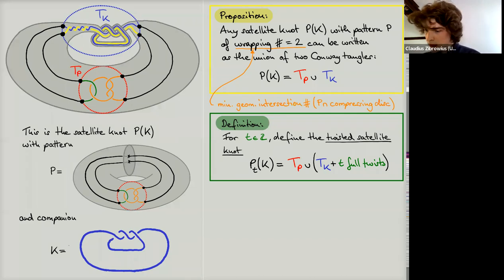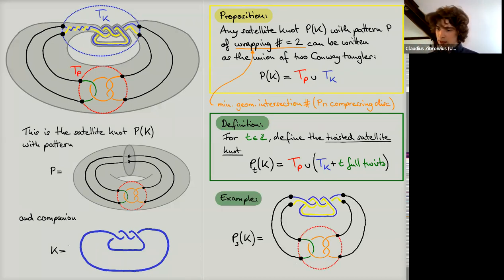For instance, this diagram here would show the +3 twisted satellite knot with the same pattern as before and the same companion. And this number 3 tells us that we've undone those twists that we see up here in our companion tangle.